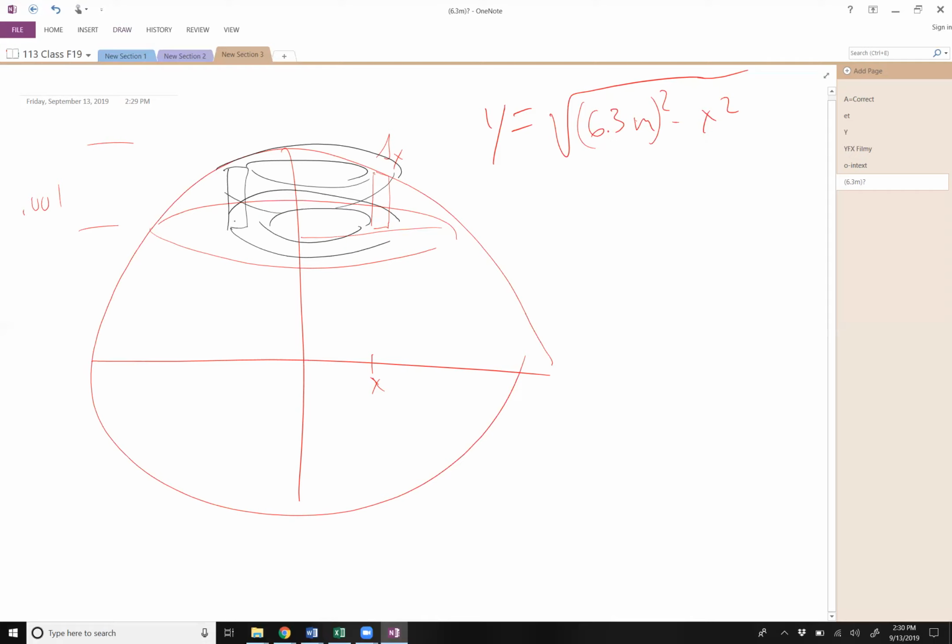Right? So there's my shell. I need to figure out the thickness, I need to figure out the height, and I need to figure out the radius so I can figure out the distance that it travels around.